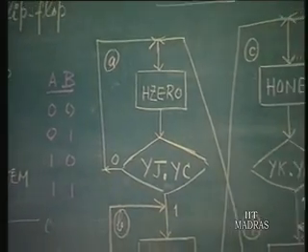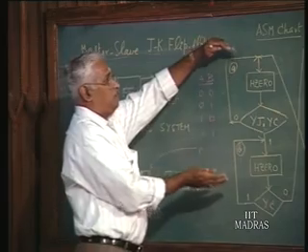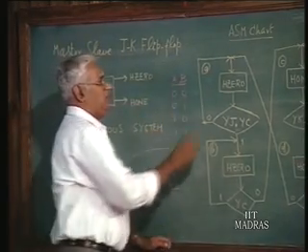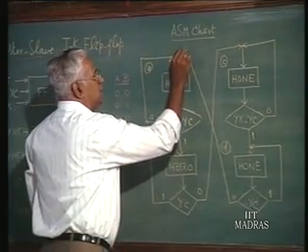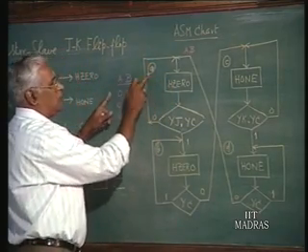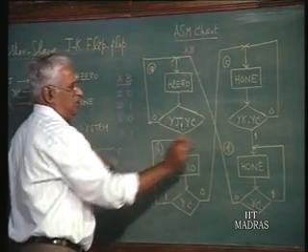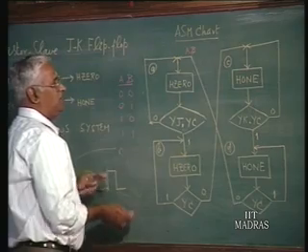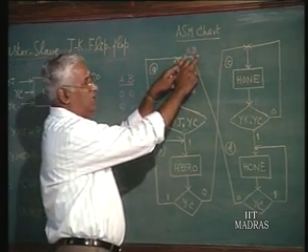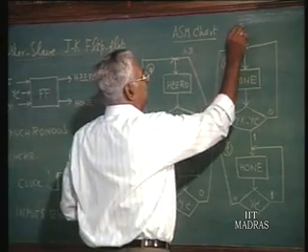Since this is a 4 state machine, we need 2 memory elements, and instead of calling the states A, B and C, D, that's using the lower case, I'll be having 2 memory elements and call these state variables.